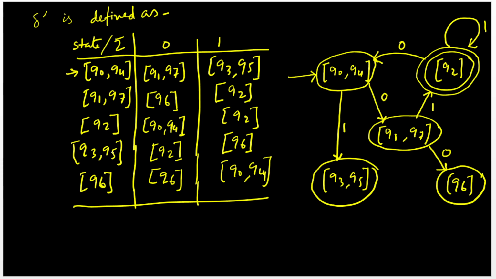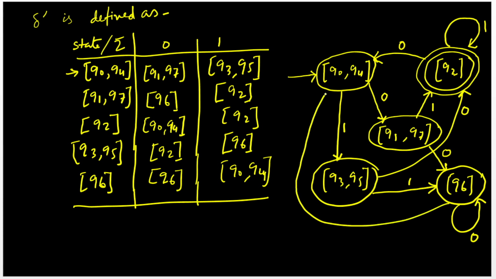Now q3 q5, by taking 0 it goes to q2, and by 1 it goes to q6. And q6, by taking 0 it loops on itself, but by taking 1 it goes to q0 q4. So this is the corresponding minimized transition diagram, and it is the transition table of the minimized automata.